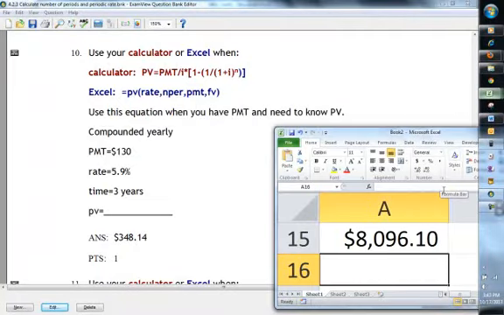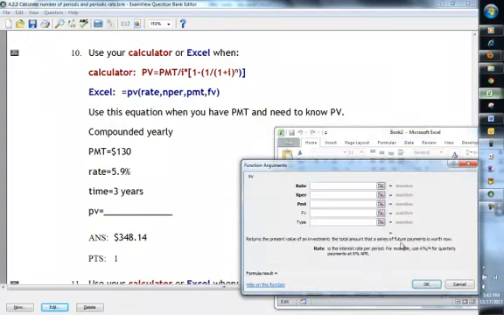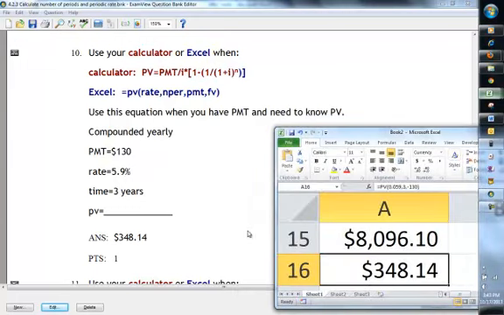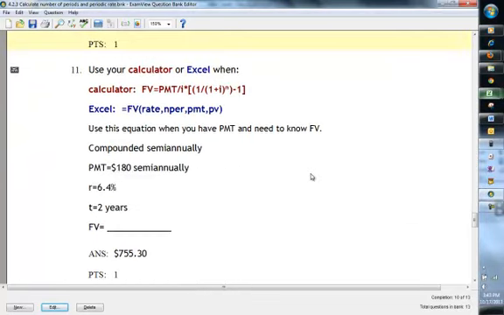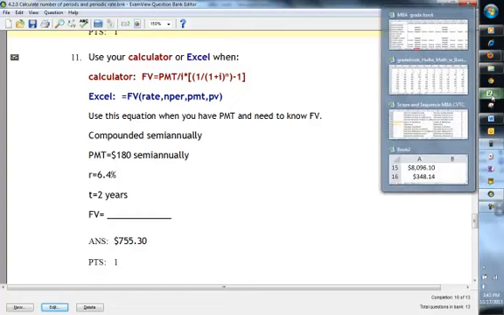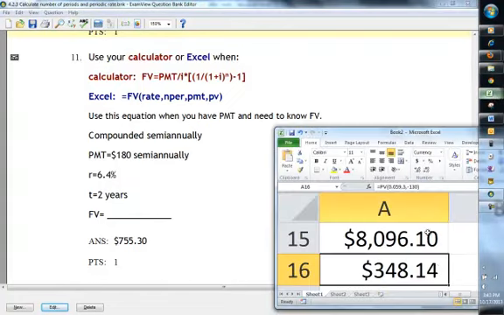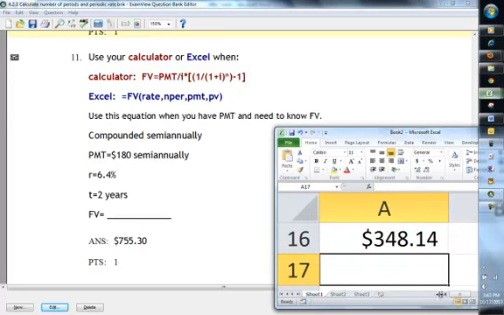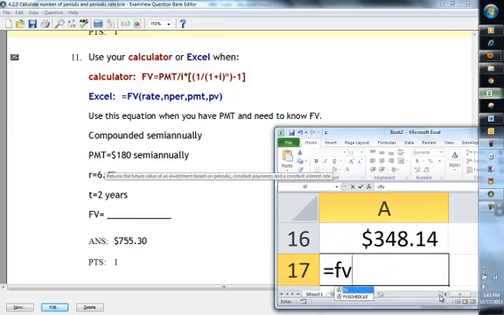Next one. Use the equation when you have payment and need to know present value equals present value. Compounded yearly, so 0.059 is the rate for 3 years, and I'm going to put in negative $130 as the payment, and I have $358.14. Now it says we need to know future value, okay? So equals future value.